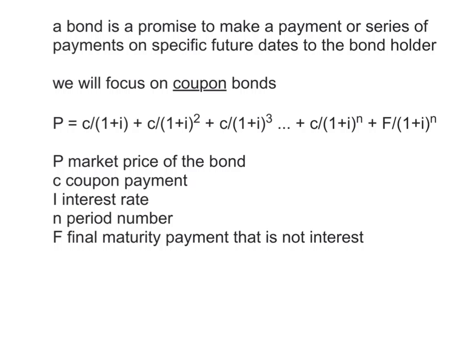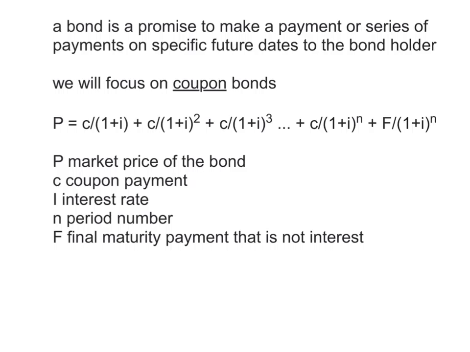For simplicity, let's assume it's once a year. The present value of those future payments, in theory, should equal the sum of all the coupon payments appropriately discounted, plus any final maturity payment.